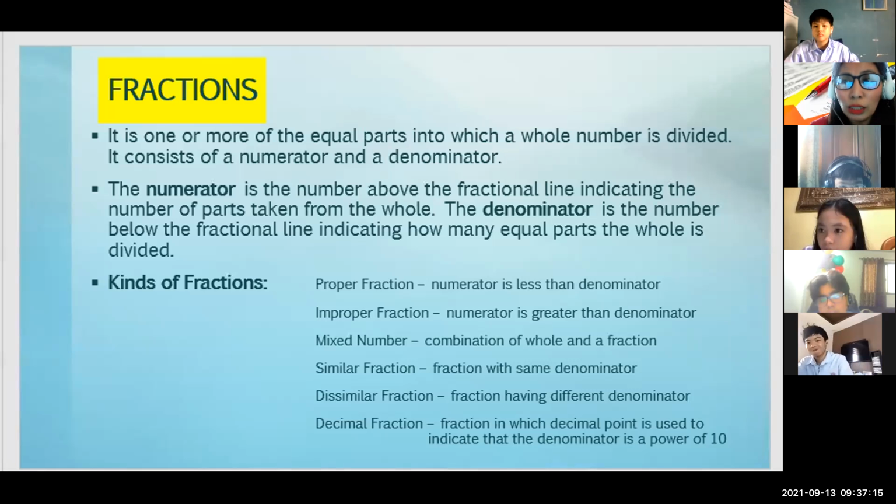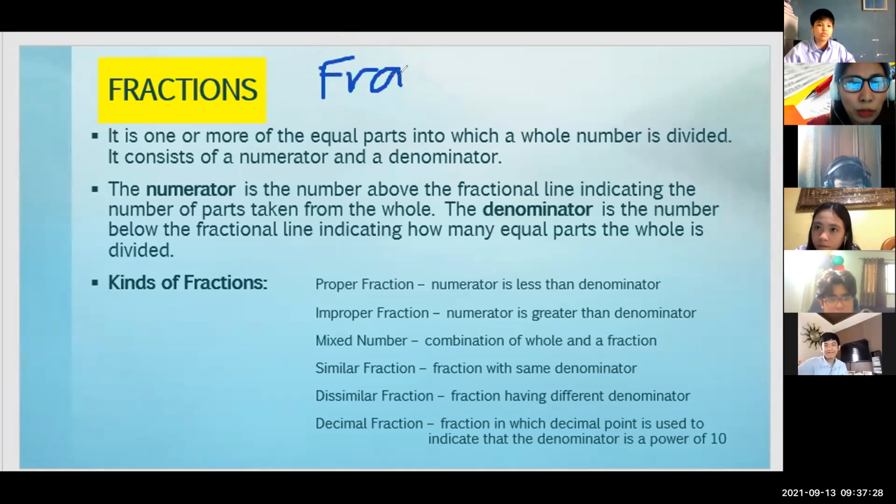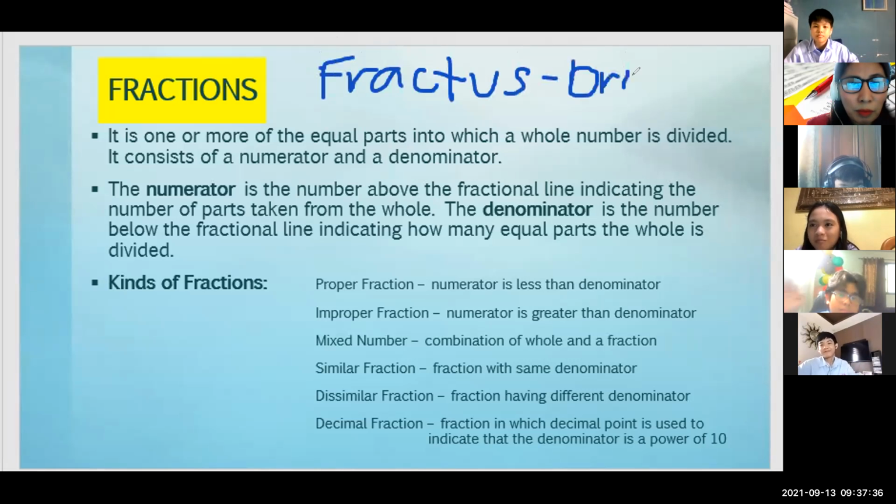So the word fraction came from the Latin word fractus. Wait, let me annotate. This Latin word means broken.